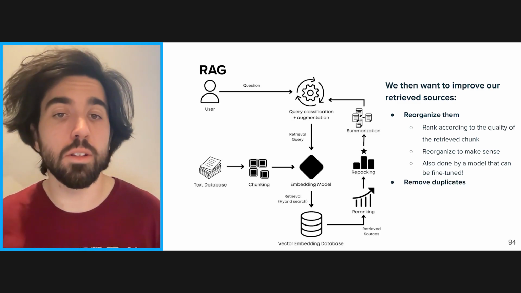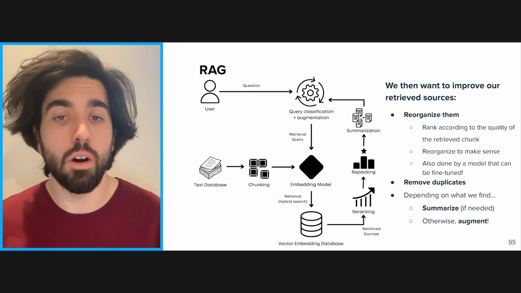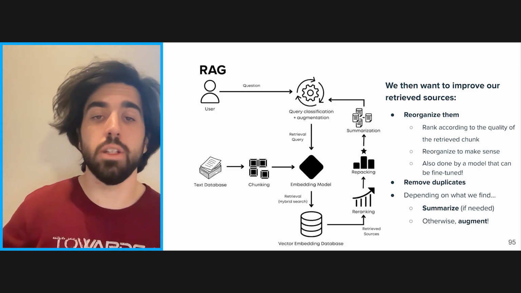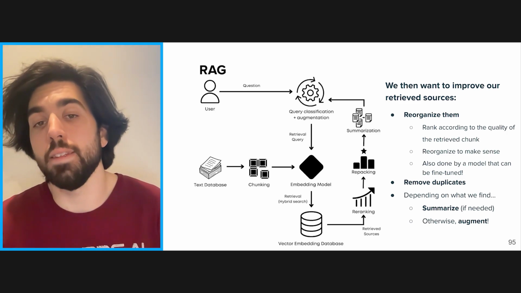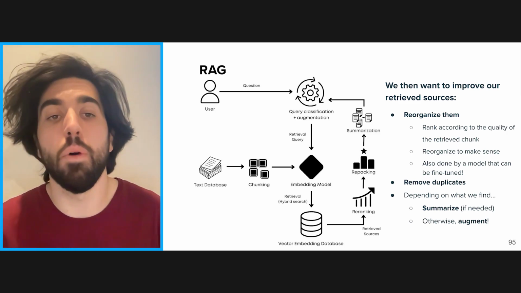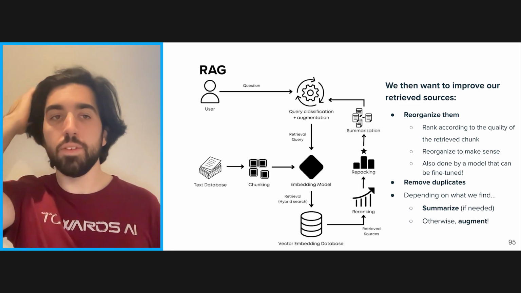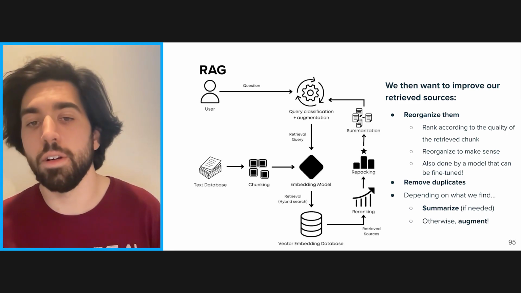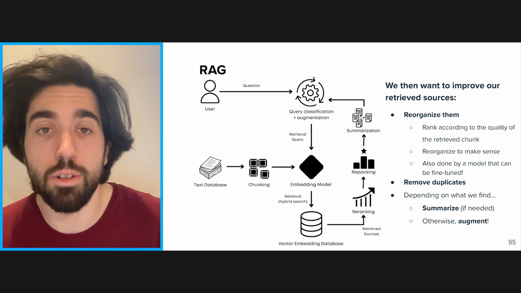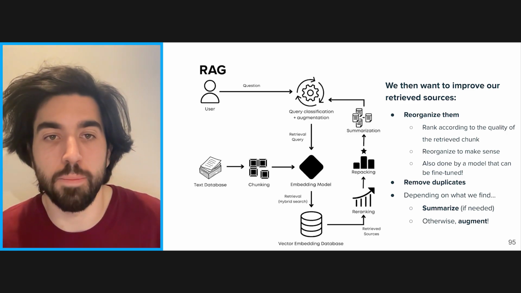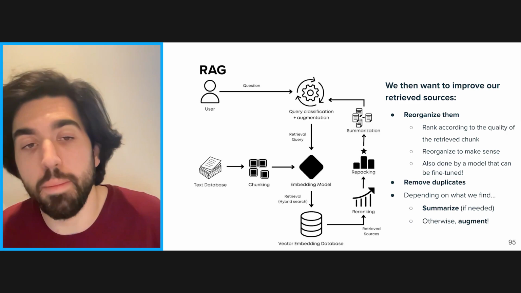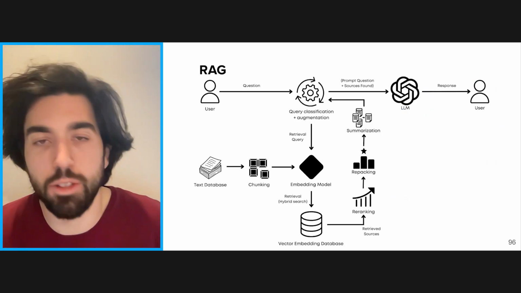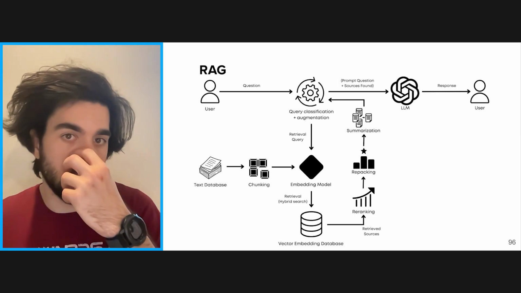We also may want to remove duplicates or, depending on what we find, summarize the information if we have too much information in our chunks, or otherwise augment it with a loop to add more chunks and find more relevant information by searching differently in the different databases or changing the request to find different responses. And then once we optimize the chunks that we receive, we can add them back to our prompt, give it to the LLM, and provide the response to the user.